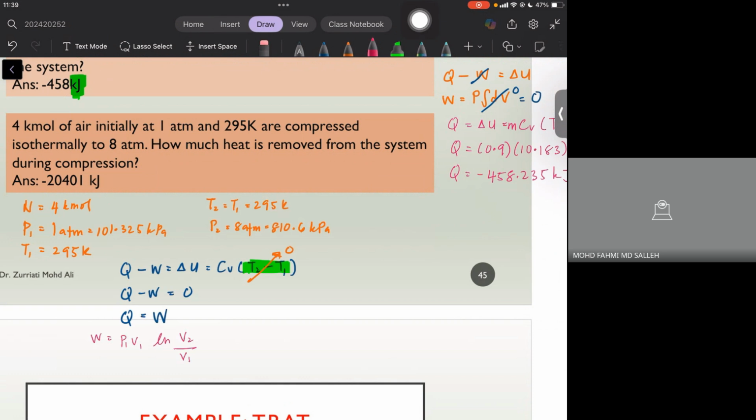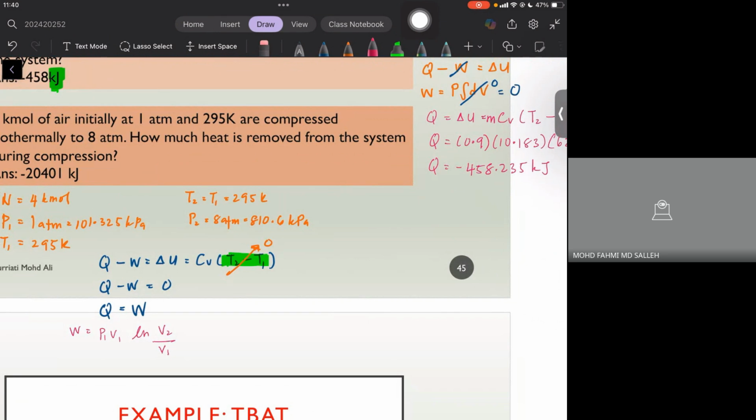So we are going to find the value of the volume at both states. First, we look into the volume at state 1.